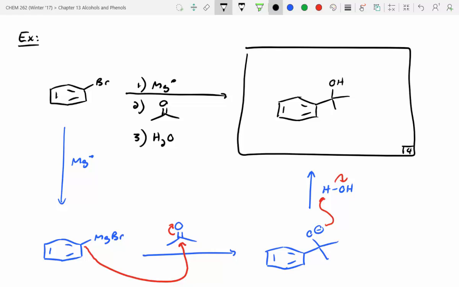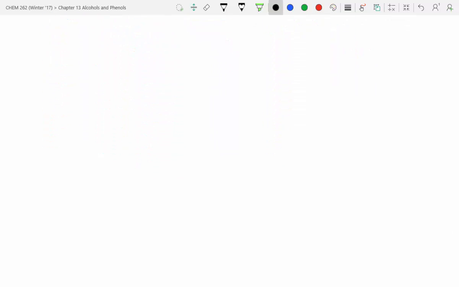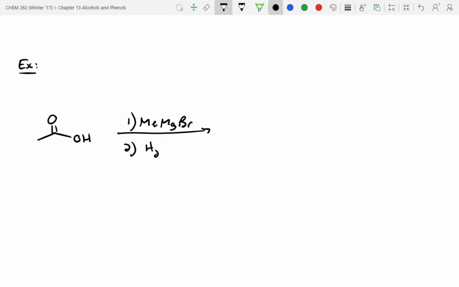All right, let's do one more, and then we'll call it quits for the day. All right, let's say I've got this guy, and I react it with methyl magnesium bromide, followed by water. Or actually, let's just do H3O plus. We'll do a weak acid. What product will we get out?